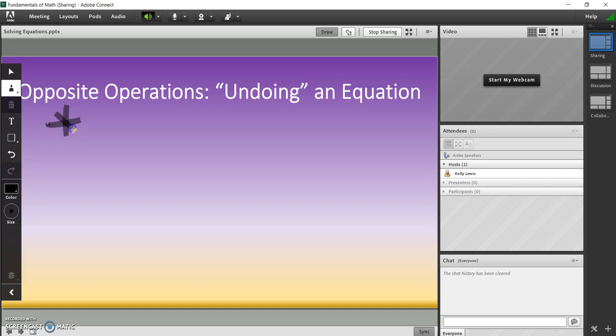The opposite operation of multiplication is division, and the opposite operation of division is multiplication. The opposite operation of addition is subtraction. The opposite operation of subtraction is addition. I'm going to explain more about that as we do the actual problems. Just keep that in mind.